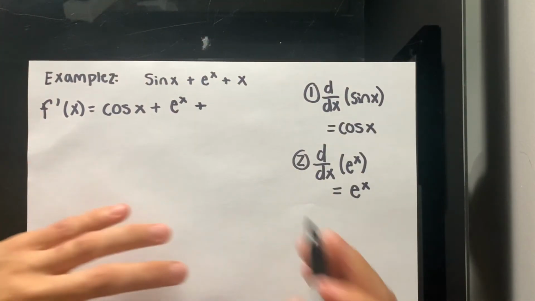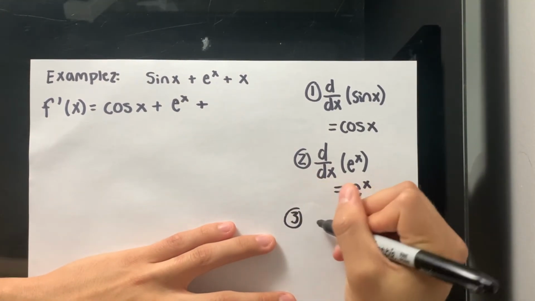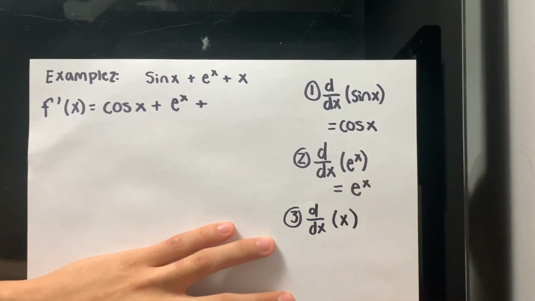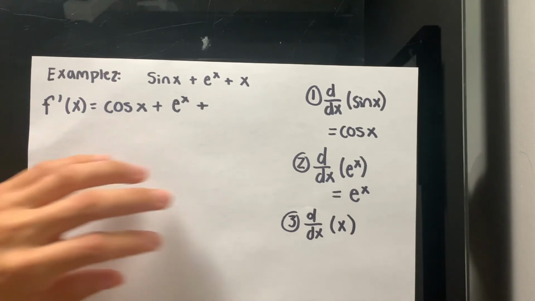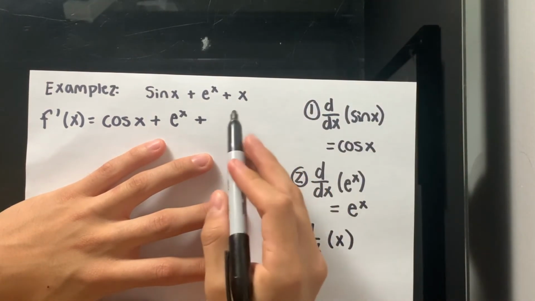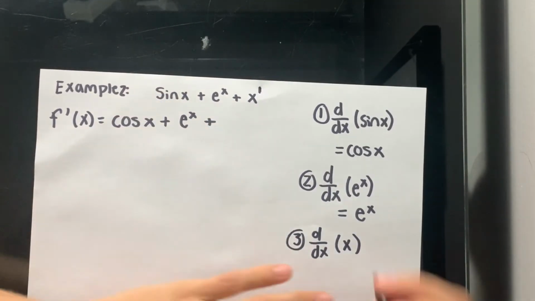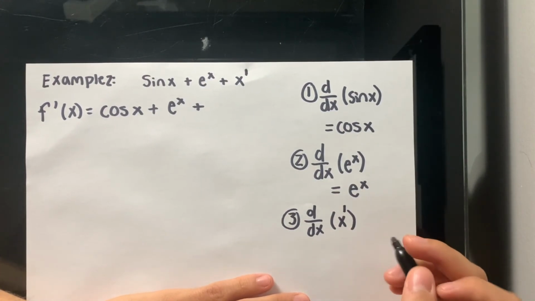And lastly, the term x. Now, this can be a little bit misunderstood. This is actually the power rule being used here. That is because although it's just a singular x, there is a power 1 to this x. So we're just going to do the power rule with the power 1.